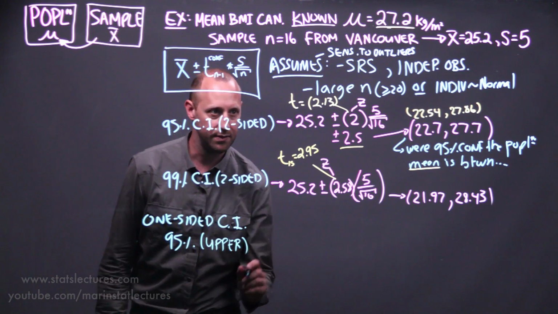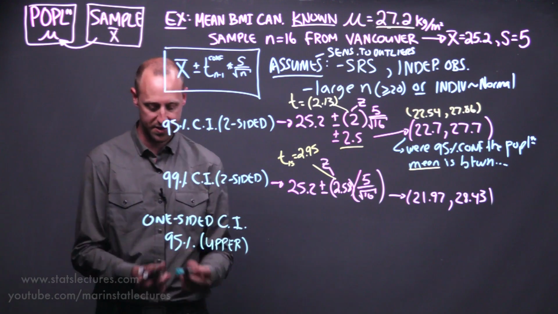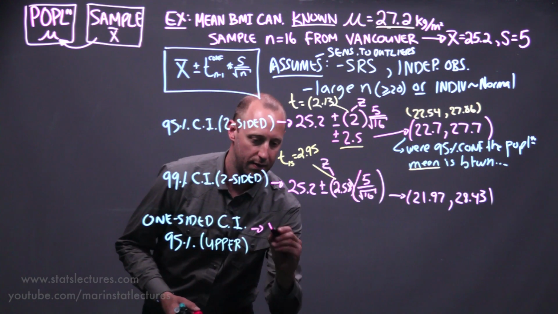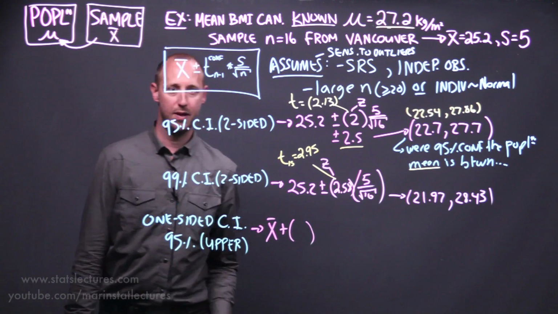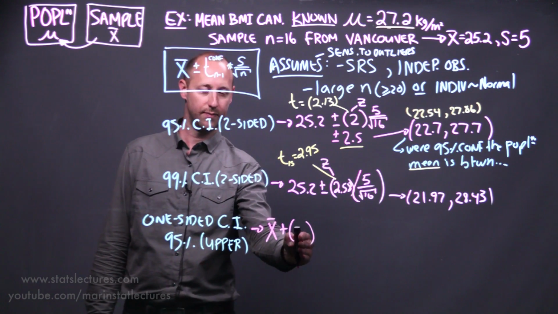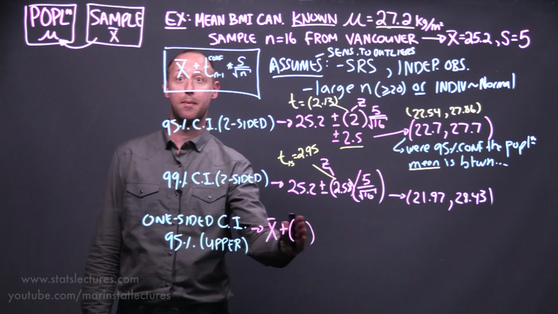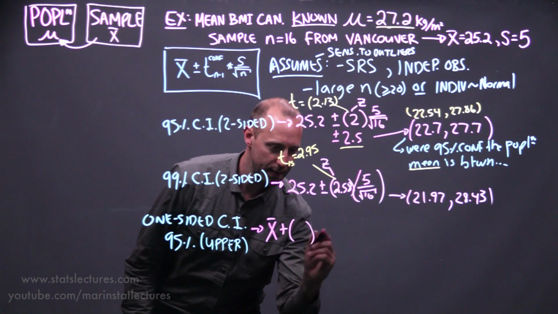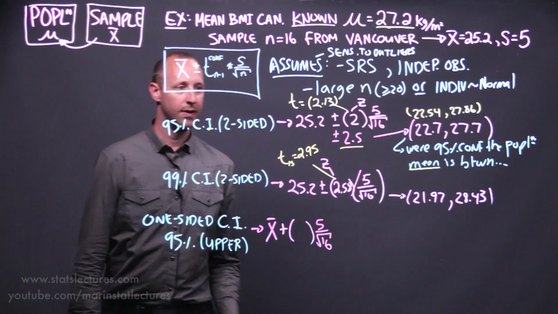In order to do this, we're going to go from our estimate plus the amount of standard errors, the Z value or T value that has 95% below it, times the standard error.